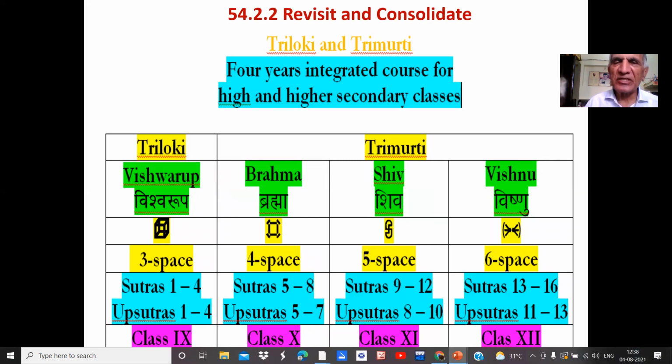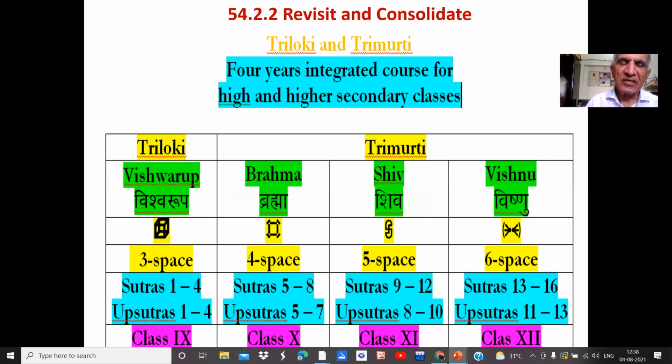This 4 years integrated course for high and higher secondary classes is to be of distinctive values arranged in a sequential order as 3 space values, 4 space values, 5 space values, and 6 space values.